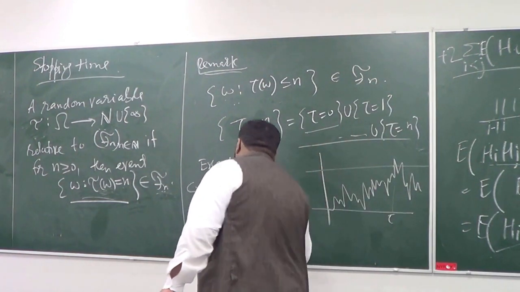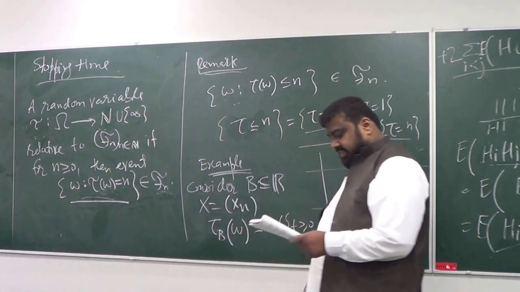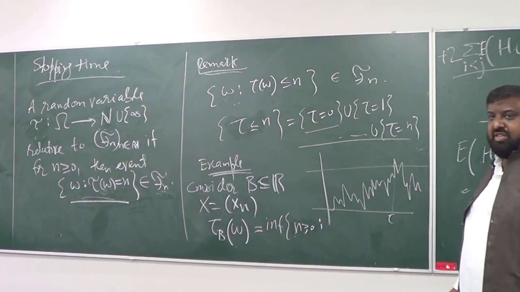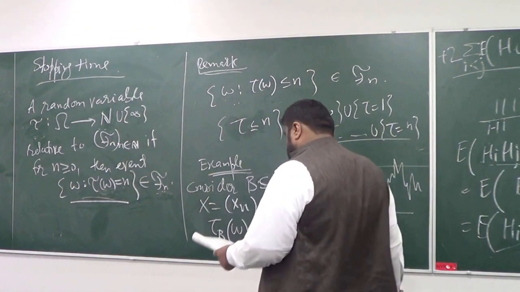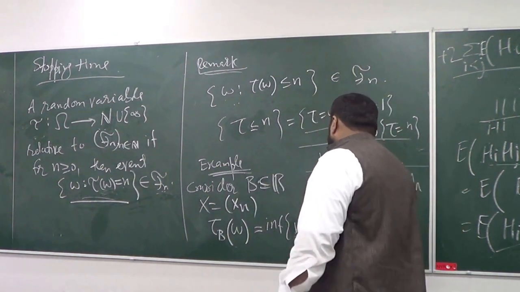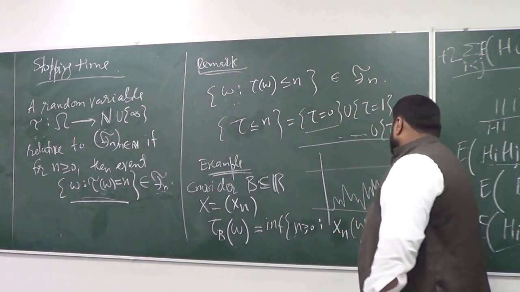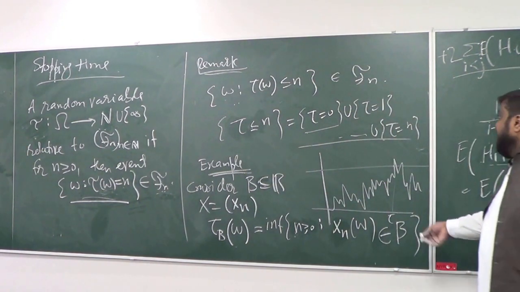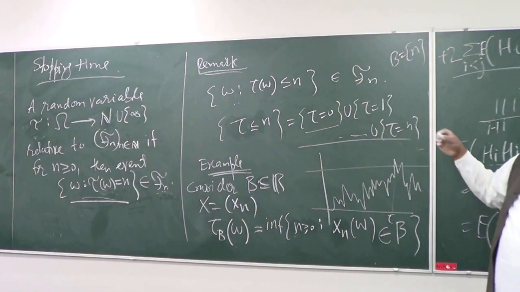So the infimum of the times. If I have times, I must write n bigger than or equal to 0. The infimum of the instants, the first instant, such that this process Xn, evaluated at omega, so it's just one trajectory, belongs to B. Not equal to, but belongs to B. If you want equality, just take B to be a singleton, n or some k.